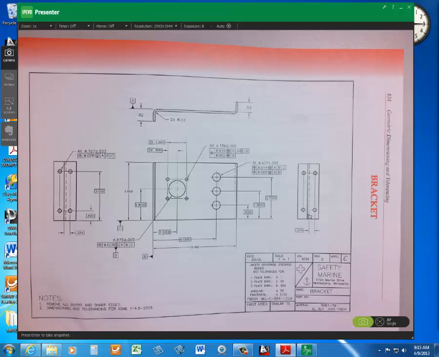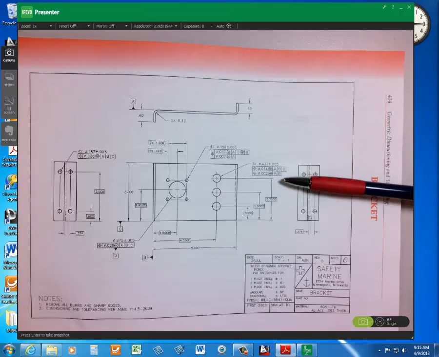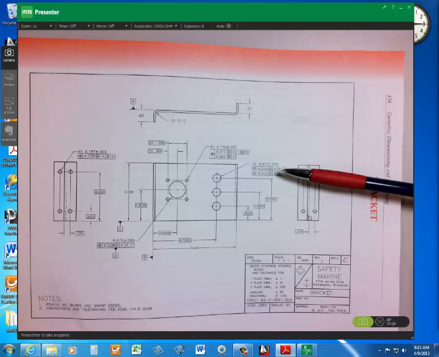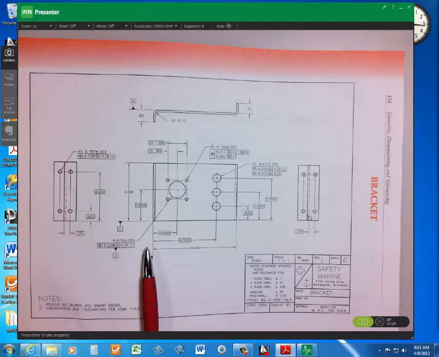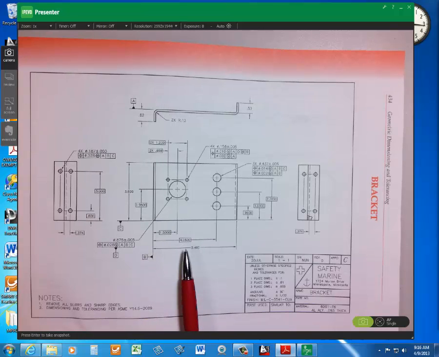Both the pattern locating zones and the feature relating zones must remain the same distance from the secondary datum, since B is the one common. A, of course, is perpendicular. Then B, which is from this edge, and a basic dimension of 4.05.